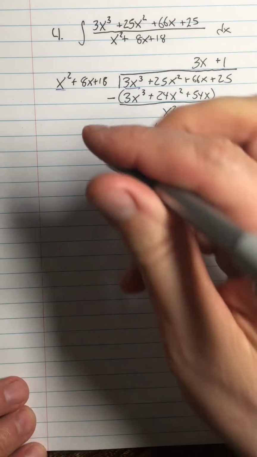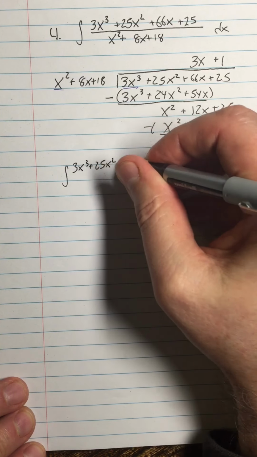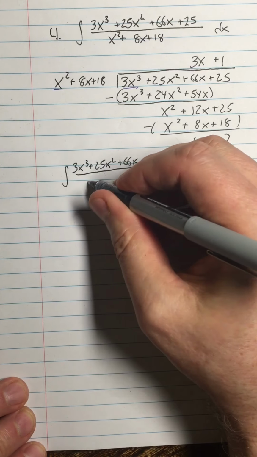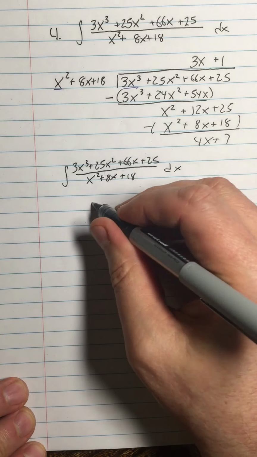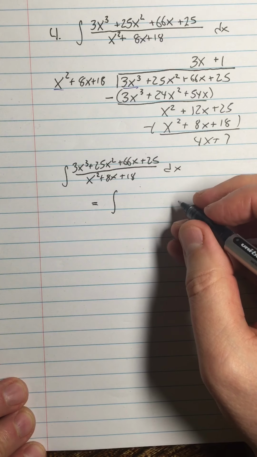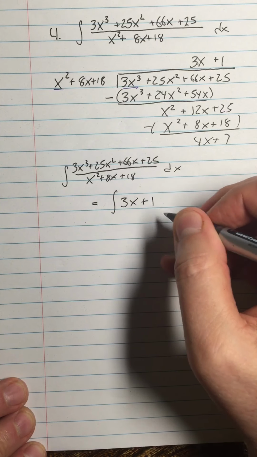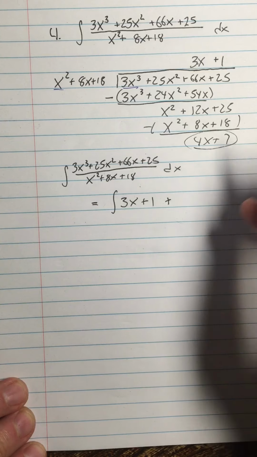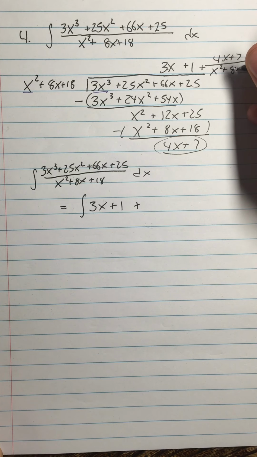So here's what I know so far. The integral of 3x cubed plus 25x squared plus 66x plus 25 over x squared plus 8x plus 18 dx equals the integral of my polynomial part, 3x plus 1, plus my remainder, 4x plus 7 over x squared plus 8x plus 18.